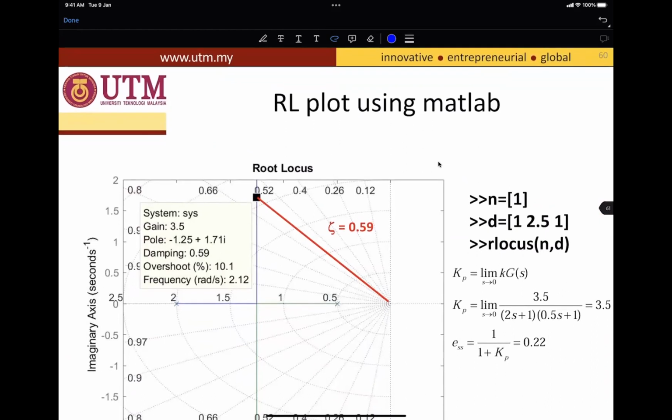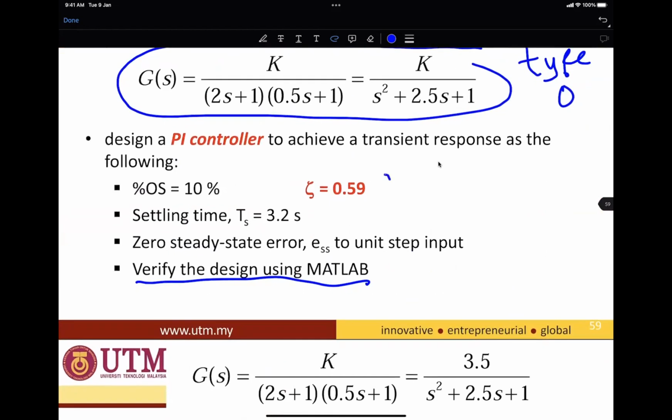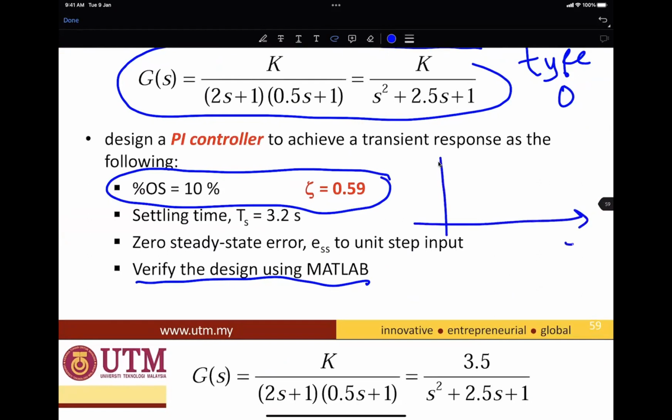So if we plot using MATLAB, you can see that for 10% overshoot, we get zeta 0.59. This one we get from the graph.